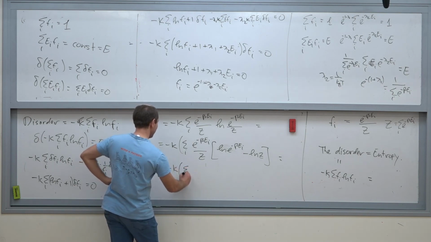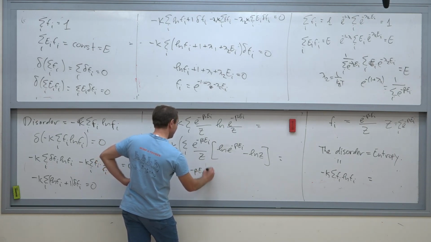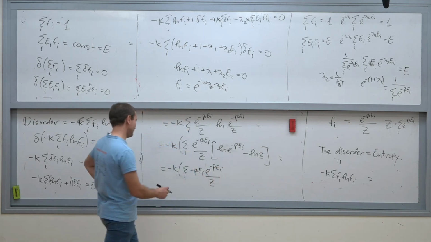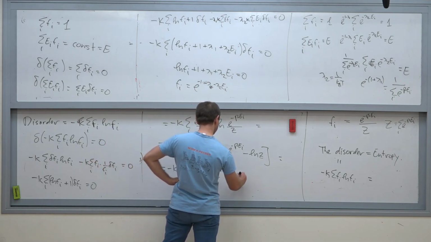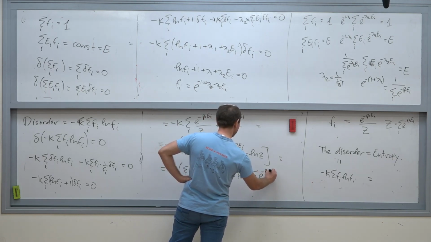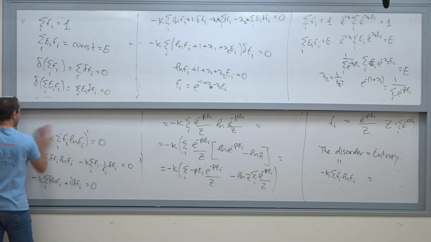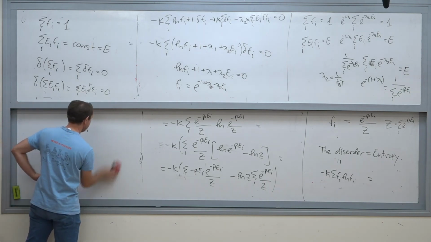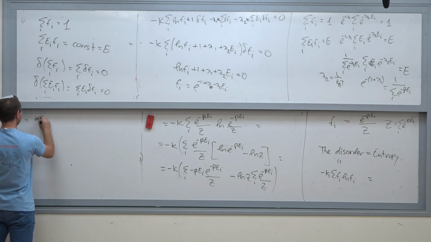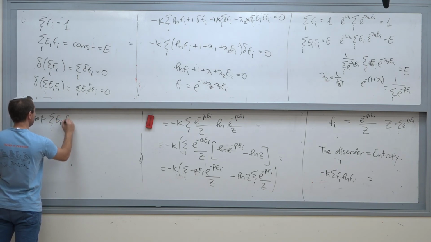It equals minus k sum over i. This guy is minus beta Ei times e to the power minus beta Ei divided by Z, minus log of Z times the sum over i of e to the minus beta Ei divided by Z. This equals k beta sum over i of Ei multiplied by Fi.